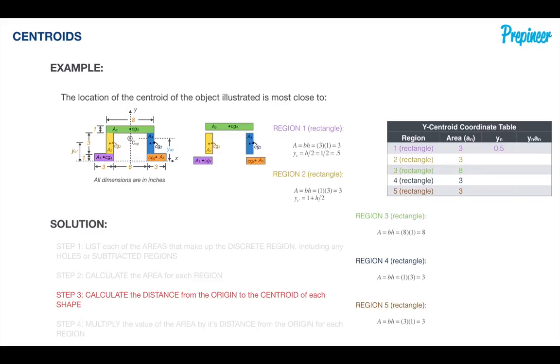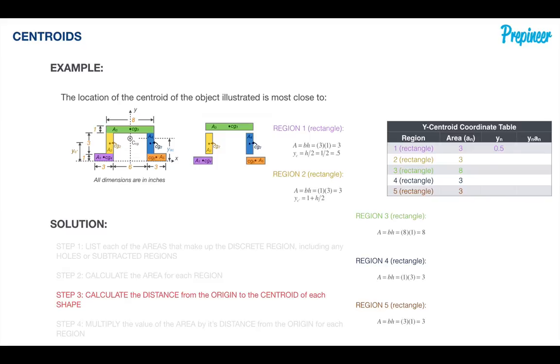Now moving on to our second region, we now know that the centroid will be some distance y sub c prime from the bottom of its shape, plus, so we have to actually include the height of region 1, since it is between it and the x-axis.